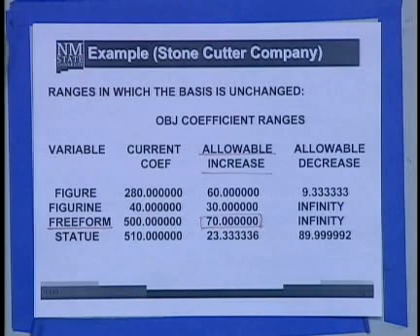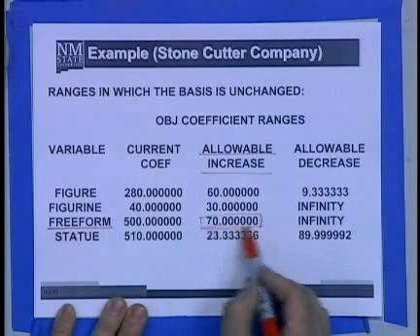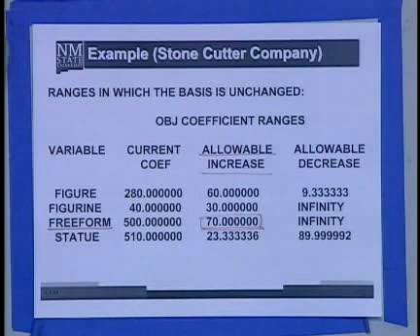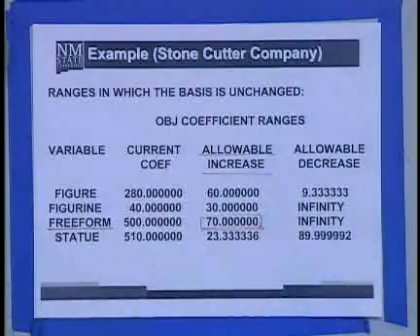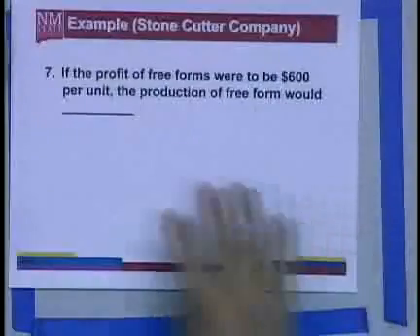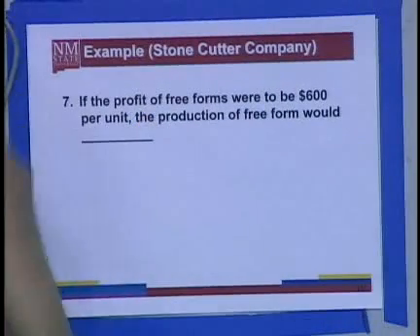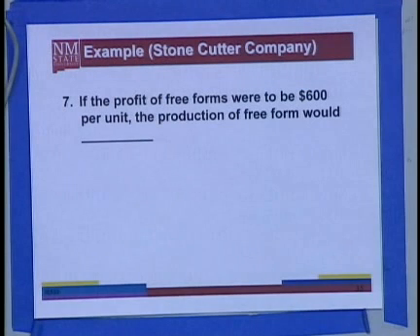So $100 of increase exceeds the allowable increase of 70 in the objective coefficient ranges, right? Which means the basis will change, okay? Of course, it's going to be increased, right? So, if the profit of freeforms were to be $600 per unit, the production of freeform would increase. Okay?